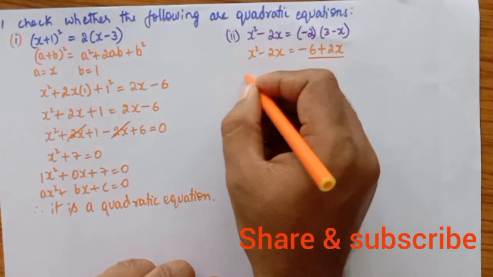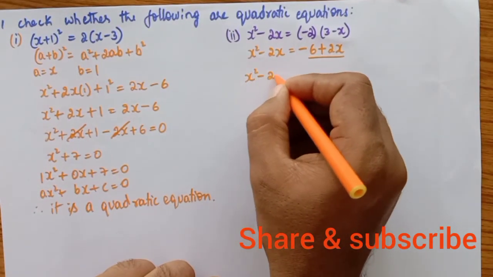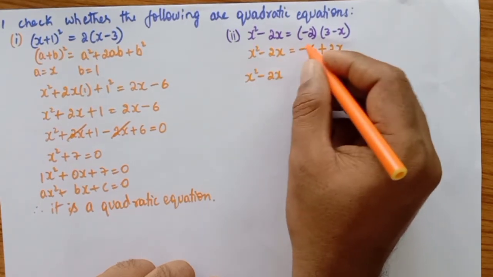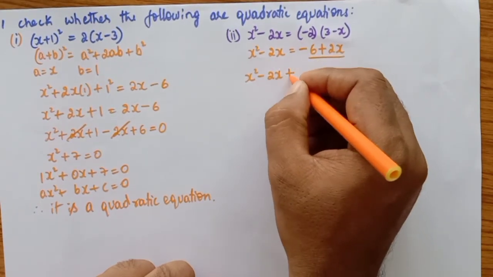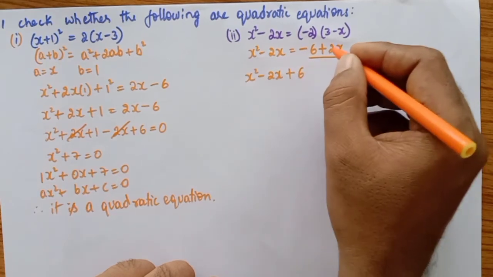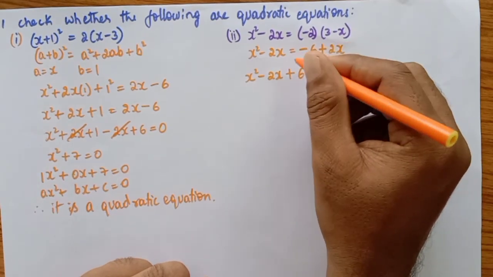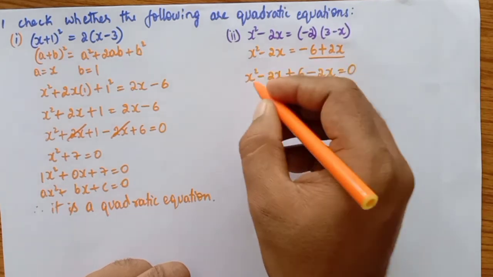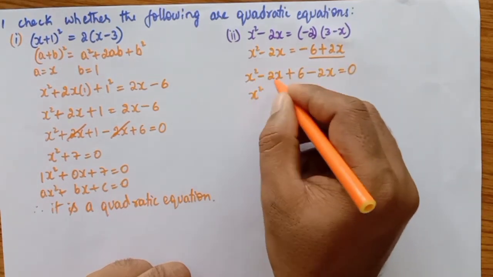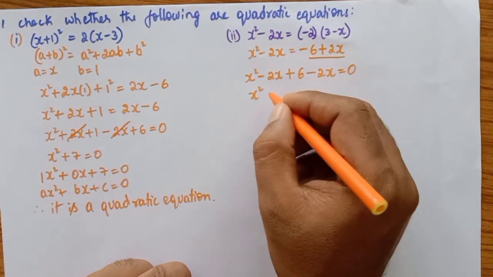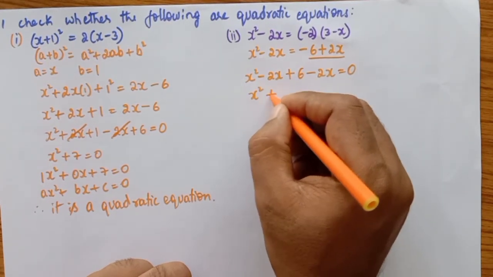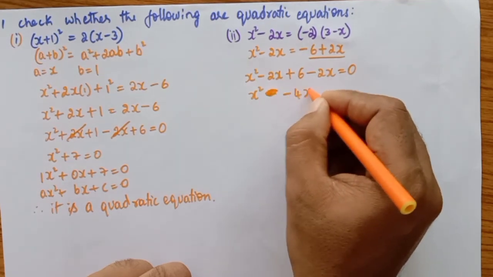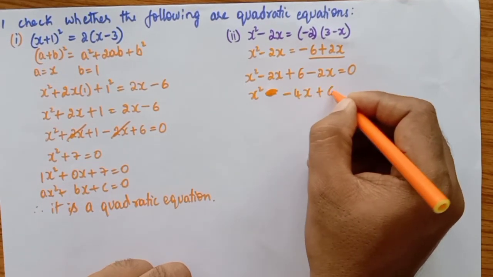What happens here? x square minus 2x, I have written as it is. Minus 6 when it moves to the left hand side becomes plus 6. And plus 2x when it moves to the left hand side becomes minus 2x is equal to 0. So x square minus 4x plus 6 is equal to 0.